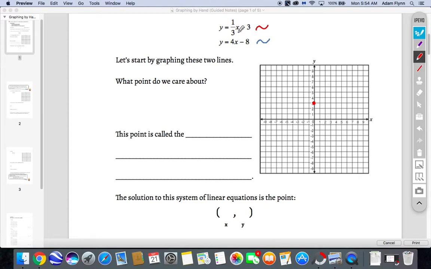It will be sloping up from left to right. So from my slope, I'll go up 1 for my rise, and to the right 3 for my run. Make my next point. Okay, and then I can continue this as far as I would like. I could also extend it in the opposite direction. Because it is a line, it will go on forever.